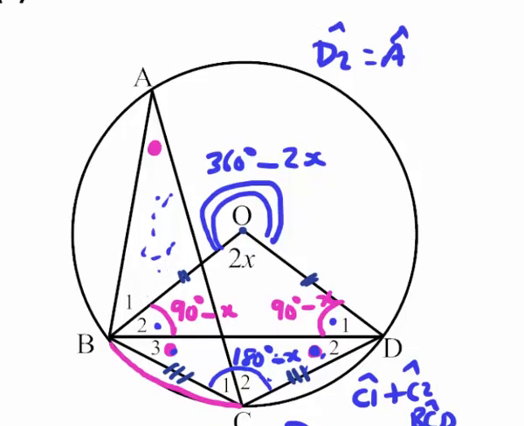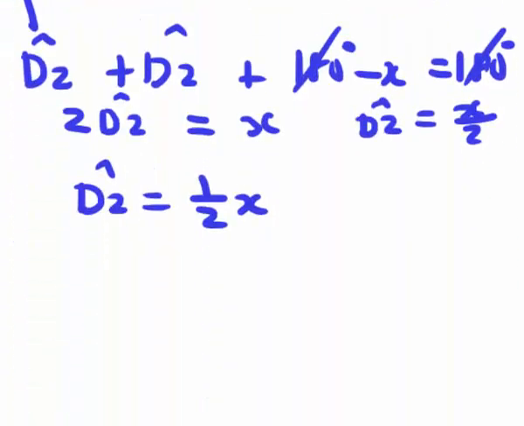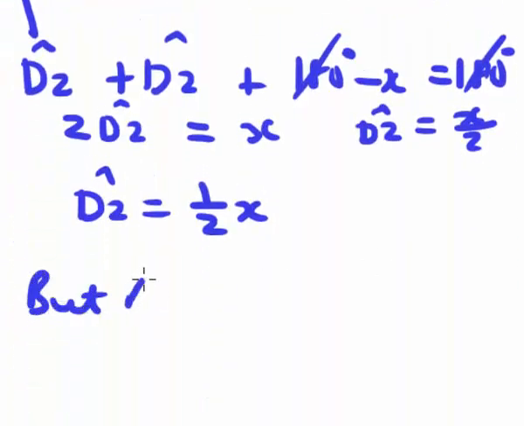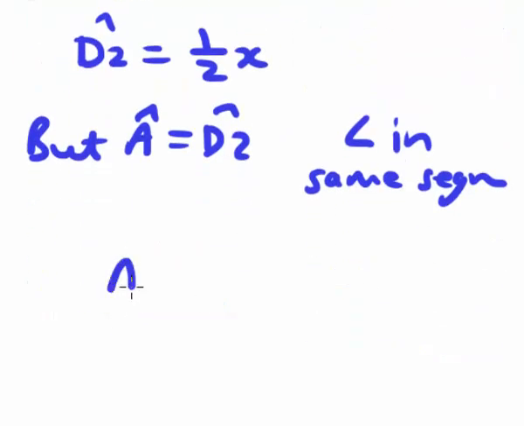So A is equal to D2. That's angles in the same segment. And therefore, we can say that angle A is also going to be a half x.